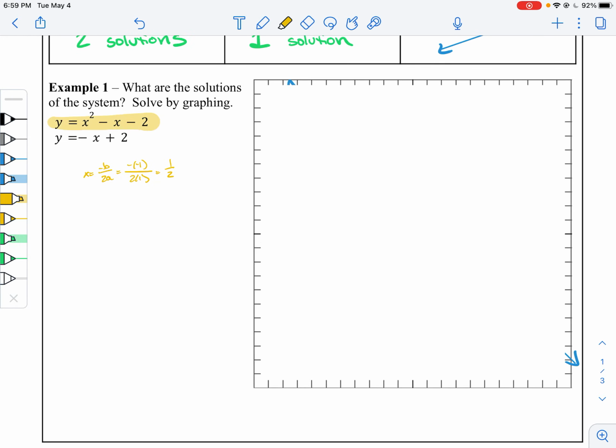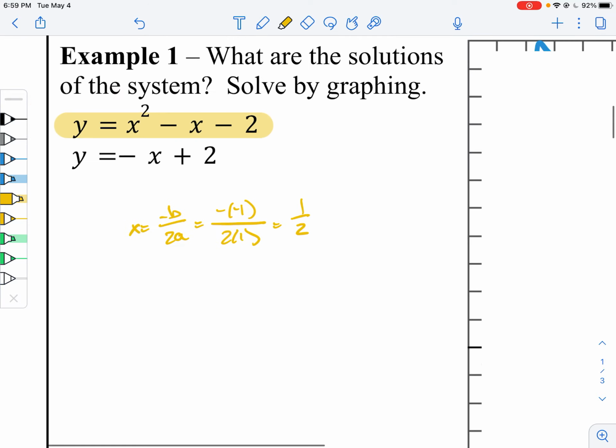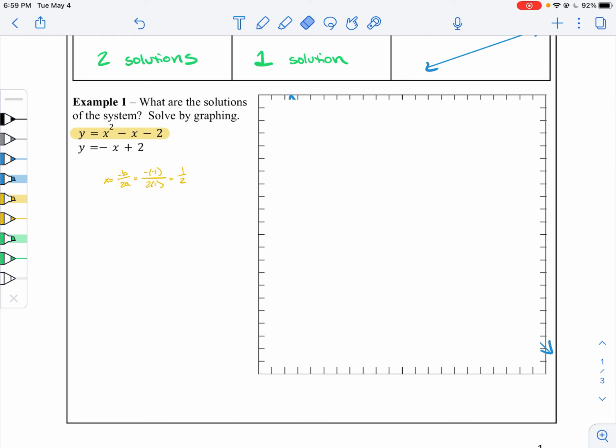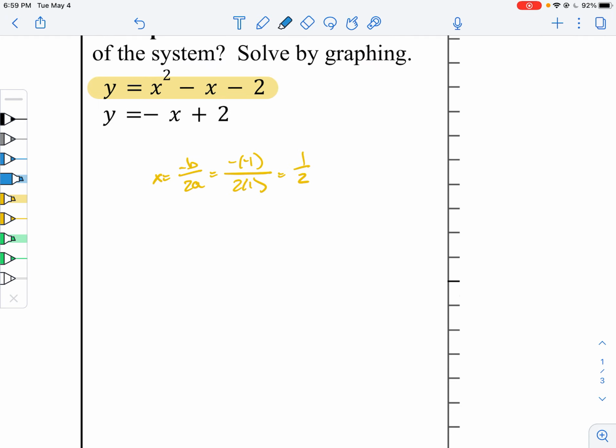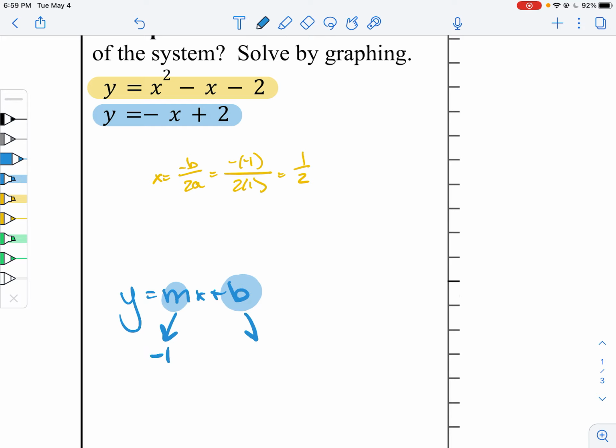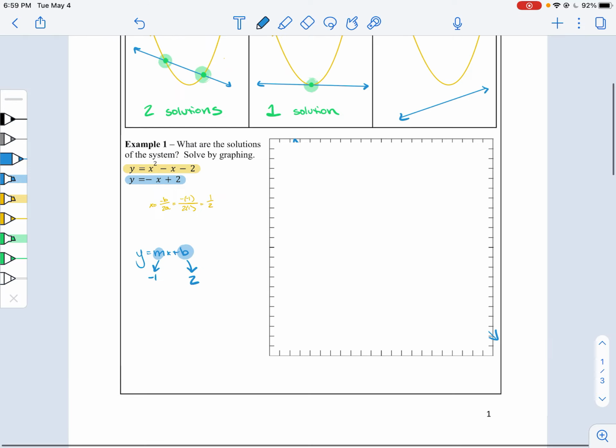So I took the quadratic equation, I found its axis of symmetry, and then I plugged in the points around it. And then I took the line, and if you have y equals mx plus b, here our m is -1, so our slope is -1, and b, our y-intercept, is +2.